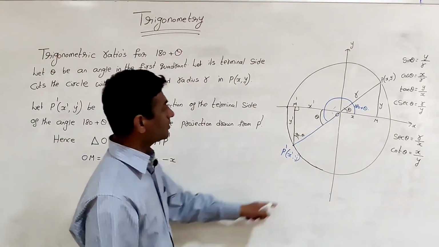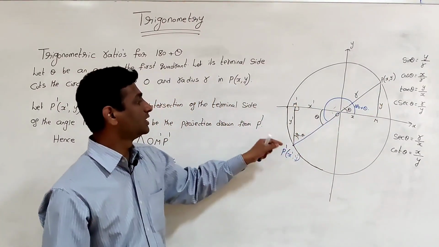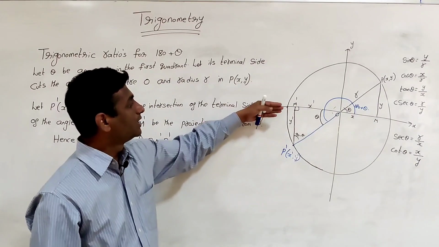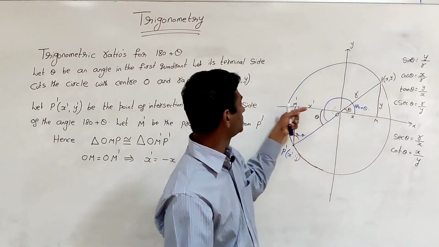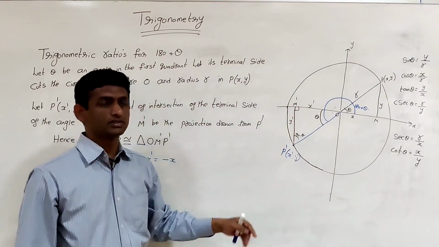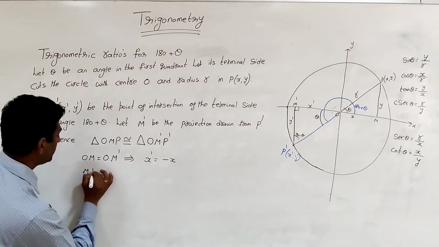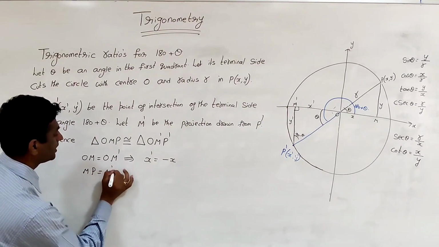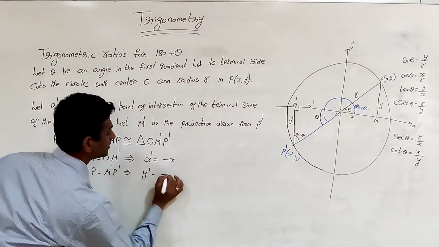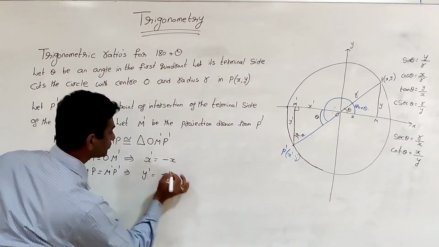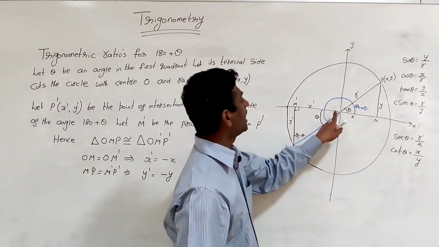Similarly, MP is y and M dash P dash is also y dash, but it is in the negative y direction. It is above the x-axis and this is below the x-axis. So MP is equal to M dash P dash, and what we can have is y dash will be minus y.